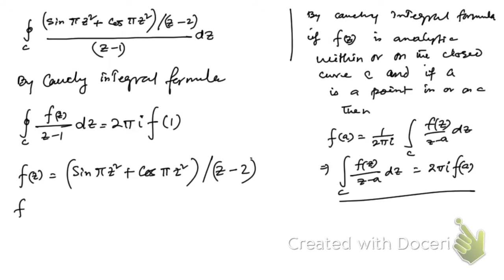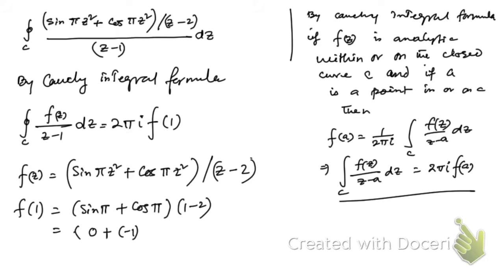So therefore f(1) is going to be equal to (sin π·1² + cos π·1²) divided by (1 − 2), that means sin π, cos π, then 1 − 2. So that's going to be equal to sin π is 0, cos π is −1, then again here 1 − 2 is −1, right? So −1 divided by −1, that's plus 1. So let's put this value here, then we're going to get the result.